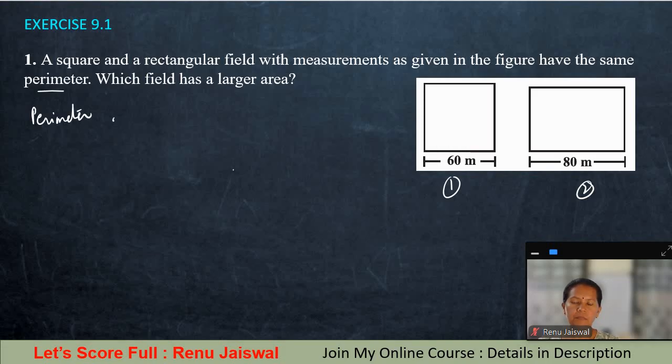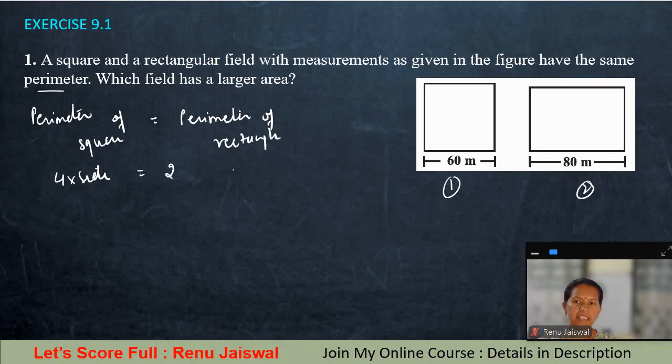So what can we say? Perimeter of square is equal to perimeter of rectangle. Perimeter of square is 4 into side, and perimeter of rectangle is twice length plus breadth. So here 4 into side, which is 60, and on the right side twice, length I know which is 80, plus breadth, which I don't know.